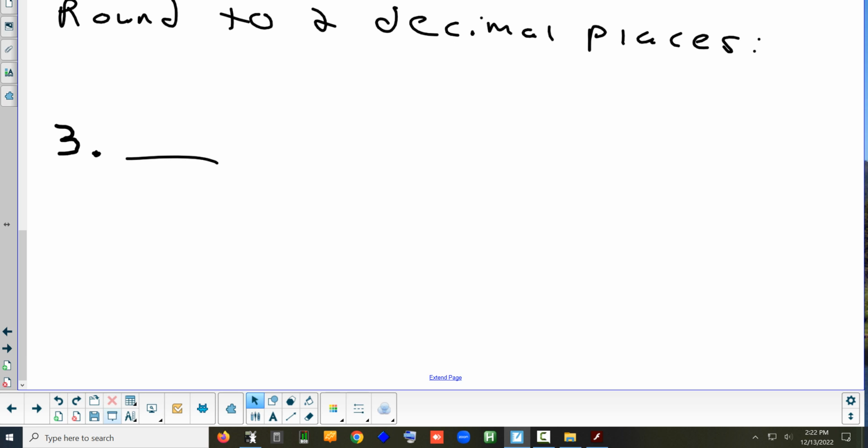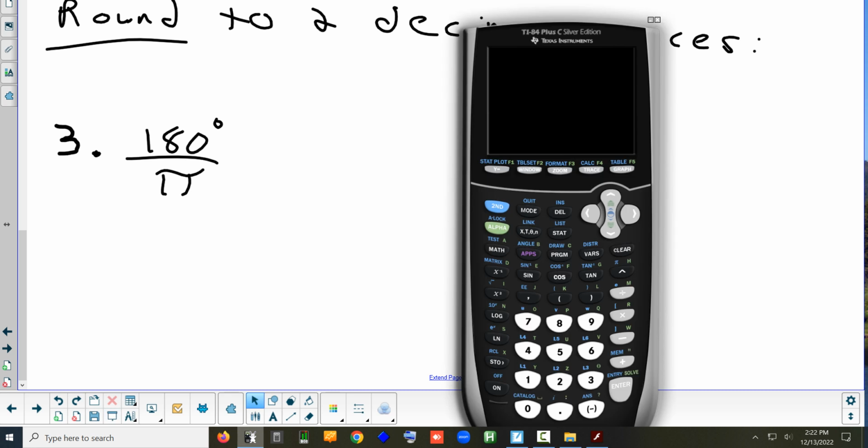What's going to go in the top? 180 degrees. Yep. And in the bottom? Pi. Even if I could reduce something here, which I can't, I wouldn't worry about it because we're just going to type that all in on the calculator because it says round to 2 decimal places.